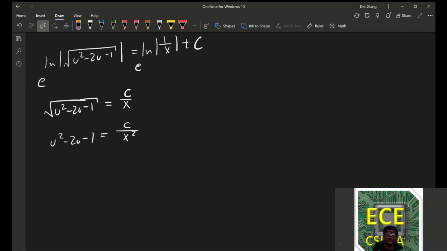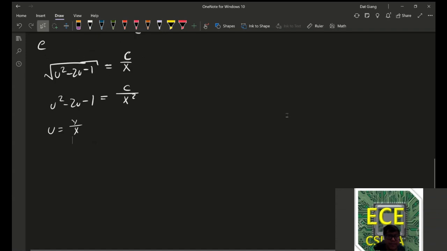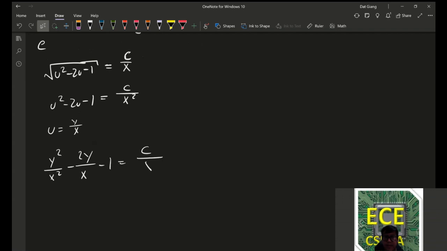As discussed previously, doing anything to a constant doesn't change that it's still a constant, so we can keep it as it is. Then we have our substitution. u is equal to y over x. Now, we get y squared divided by x squared minus 2y divided by x minus 1 equal to c over x squared.